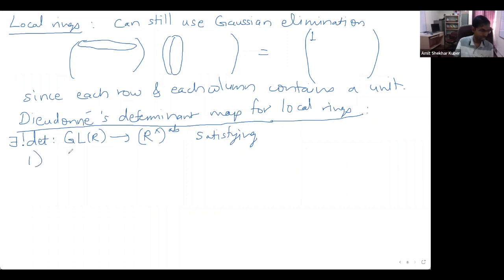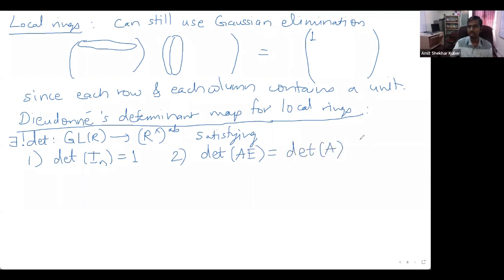The first property is that obviously the determinant of an identity matrix must be 1. The second property is that whenever you multiply by an elementary matrix, for E in E_n(R), the determinant doesn't change by multiplication.